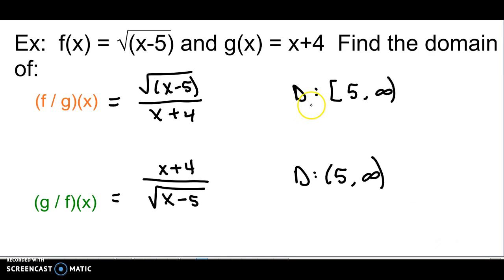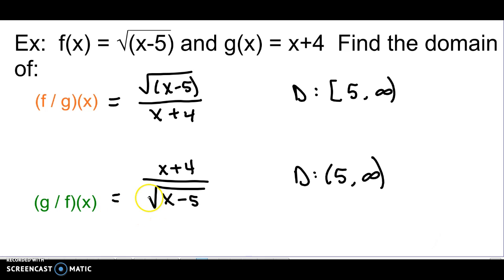If your initial instinct was to look at the denominator, so everything besides negative 4, also keep in mind that this square root symbol does also restrict the domain. Because think about if I plugged in, let's say, negative 10. Negative 10 minus 5, square root of negative 15, that can't happen. So my domain here is bracket 5 to infinity. Think about why I would have a bracket there.